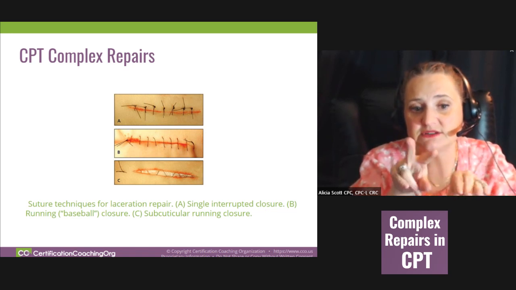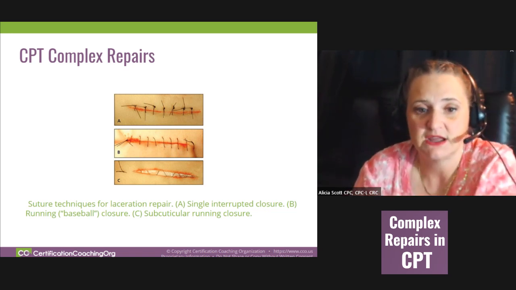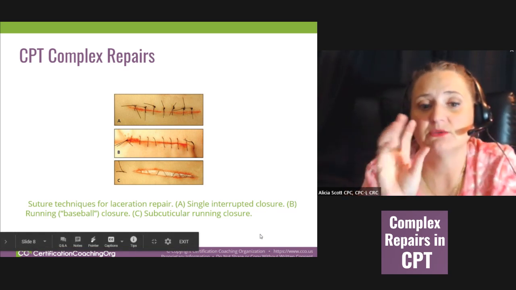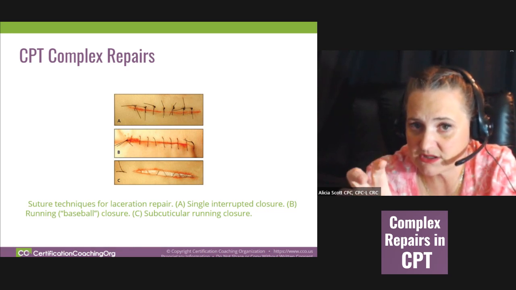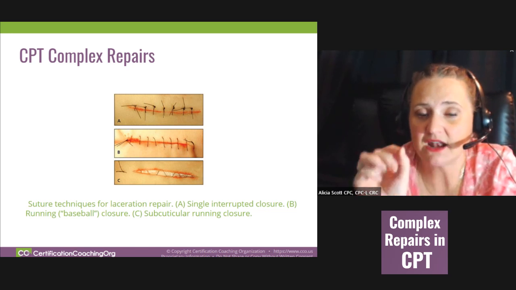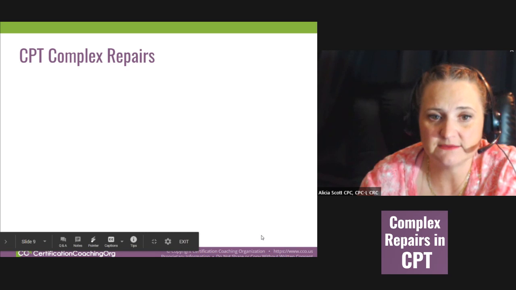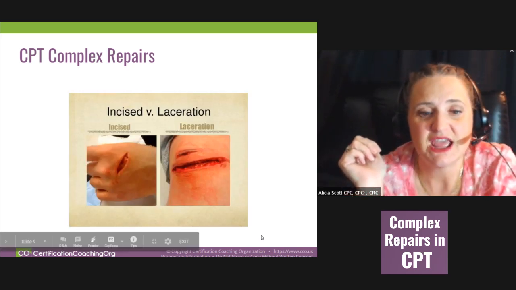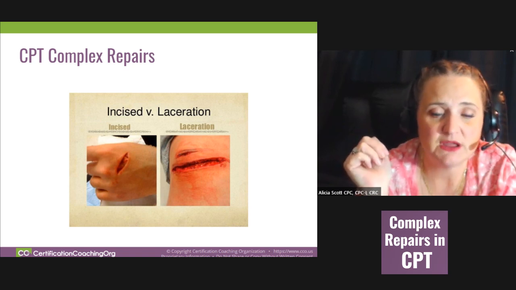Then when it heals, they'll just snip that one piece and pull the rest out. Again, take some time to better understand the different types of sutures that are done, because when you see them documented, that'll help you understand if it's a complex repair or not. Now, here is a difference between an incision and a laceration, the type of wound.